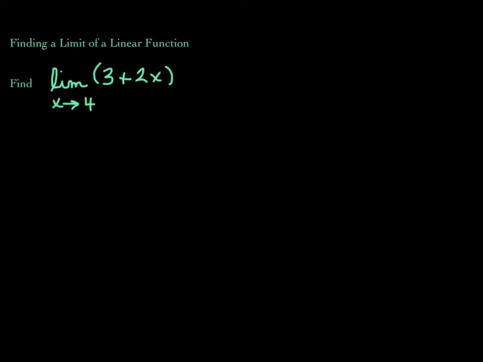All right, so the first thing I want us to realize is that we can write this as the limit of 3 plus 2x as x approaches 4. The first thing I can do is use the sum rule to break this up and say this is equivalent to the limit as x approaches 4 of 3, plus the limit as x approaches 4 of 2x.